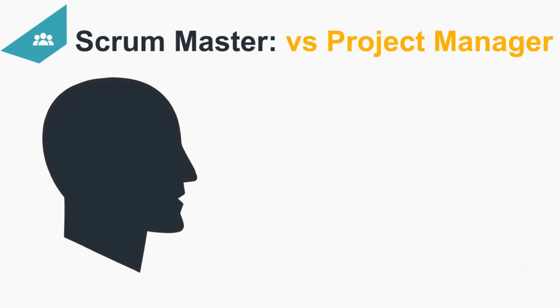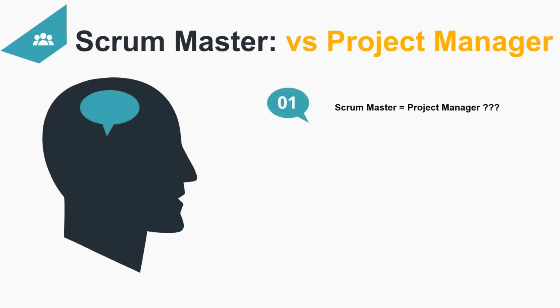You probably already have quite a natural question in mind. What is the difference between a Scrum Master and a Project Manager? Isn't a Scrum Master just another fancy name for a Project Manager? The answer is no. Scrum Masters are not the same as Project Managers. In fact, they're quite fundamentally different.